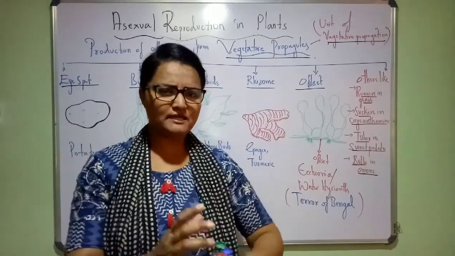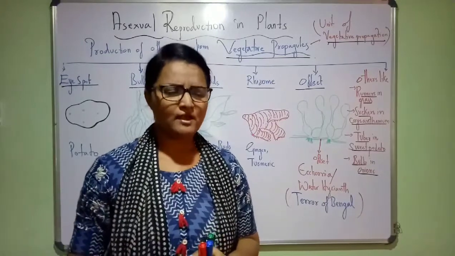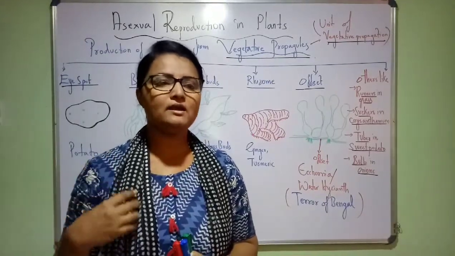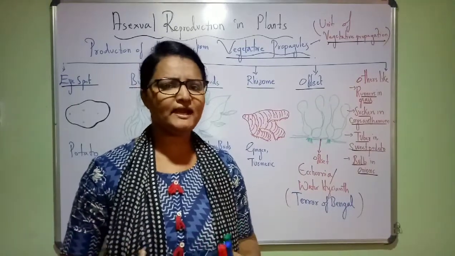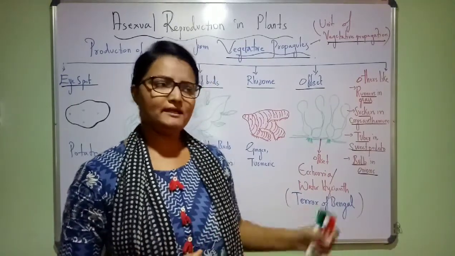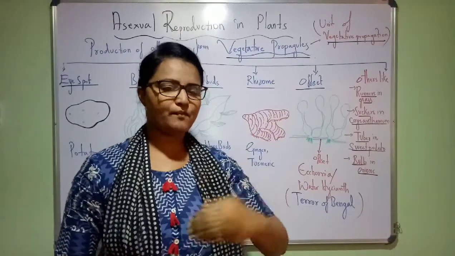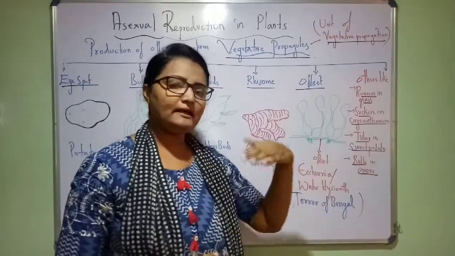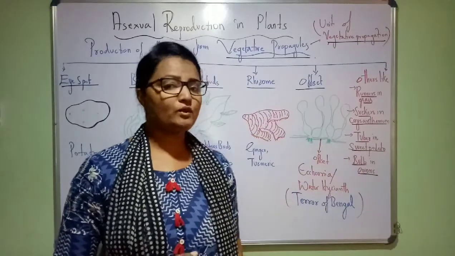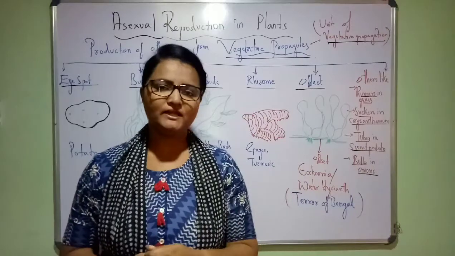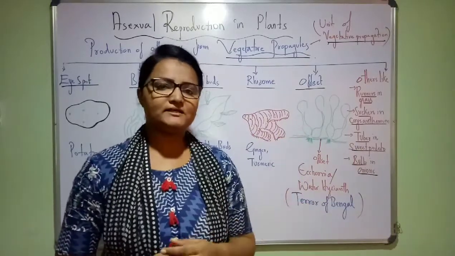As we know, terror indicates negative thoughts. When you recall terrorist, terrorism or terror, you feel something negative. Here, Indians brought in this exotic species. Eichhornia is not from India; it is from foreign countries.